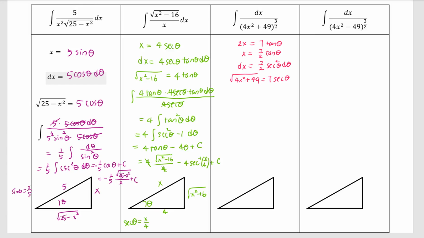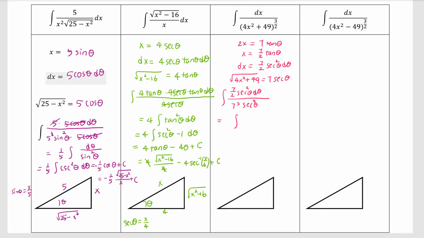Okay, and in our integral, dx is 7 over 2 secant squared d theta. And then the denominator is like a square root cubed, so 7 cubed secant cubed. So we have 7 squared in the denominator.